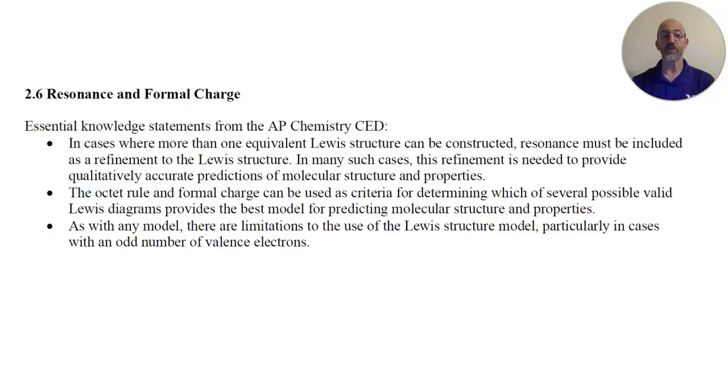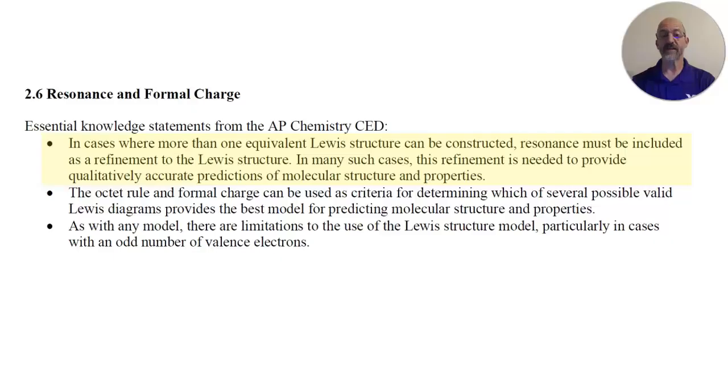Now let's move on to the review for topic 2.6, resonance and formal charge. Here are some essential knowledge statements from the AP Chemistry course and exam description. In cases where more than one equivalent Lewis structure can be constructed, resonance must be included as a refinement to the Lewis structure.